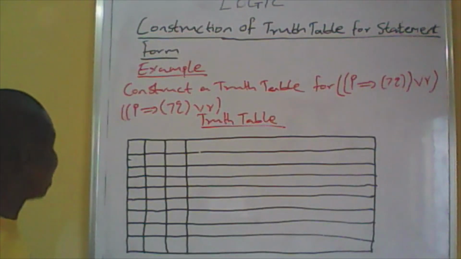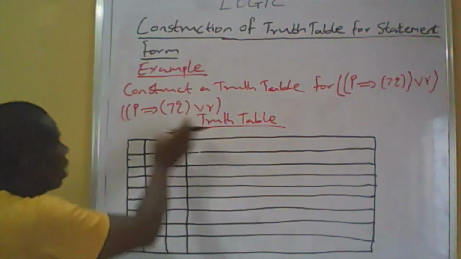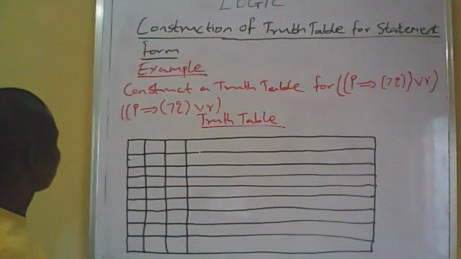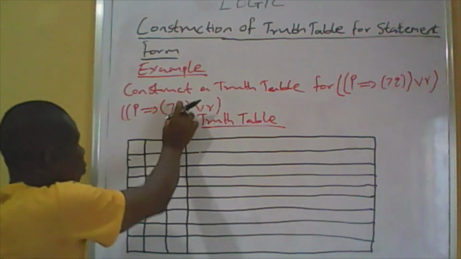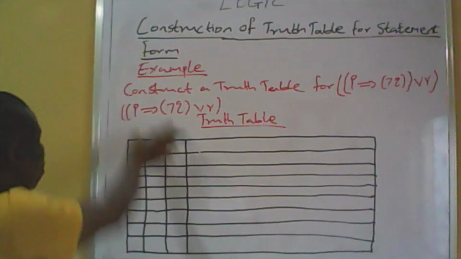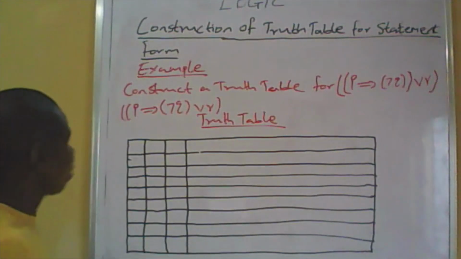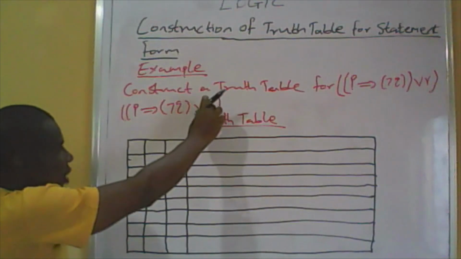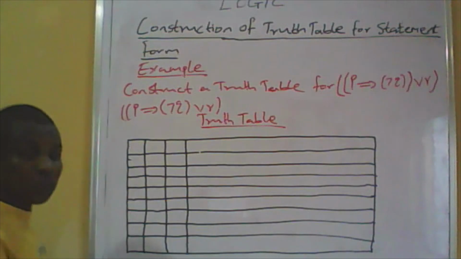So, having known that, we have not Q for the other side. We are going to create a column for not Q and a column for P implies not Q. I already have R here. R is our simple statement which we have already created.